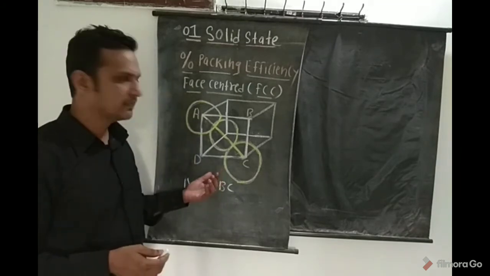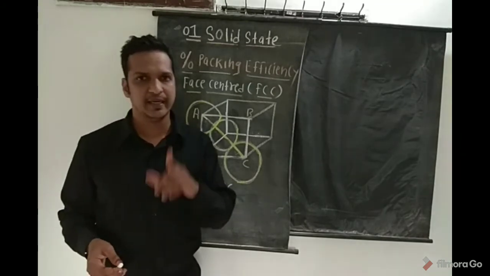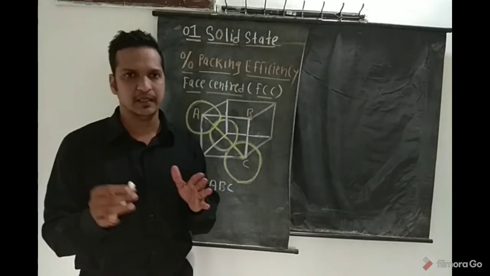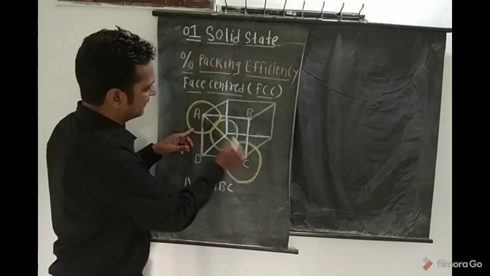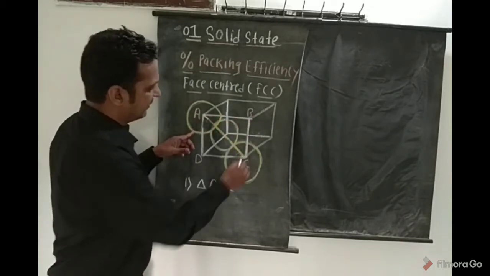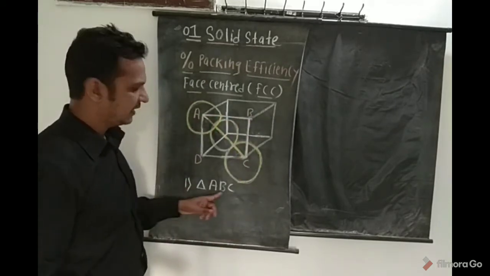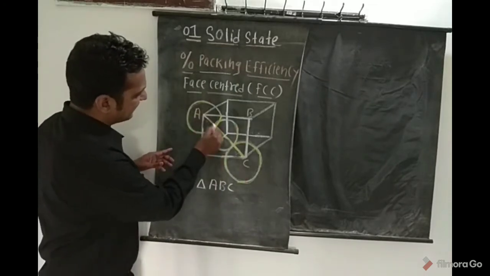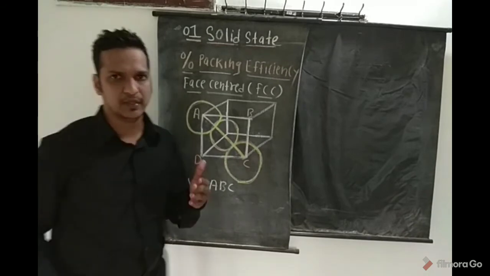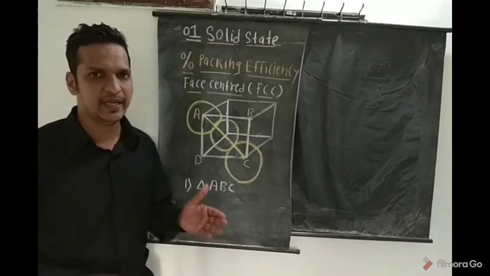Now in case of FCC, we are considering only one triangle, triangle ABC. In triangle ABC, the side AC is a diagonal, where the two other sides are side AB and BC.